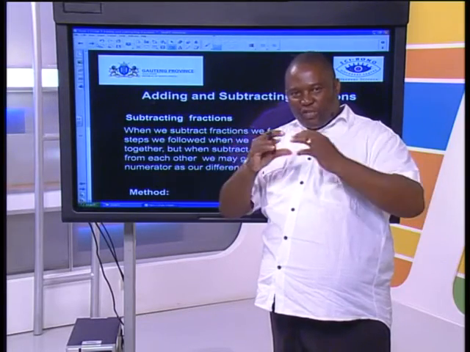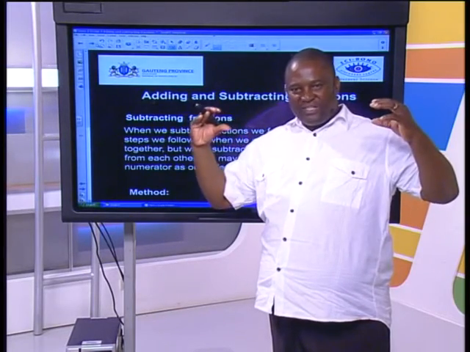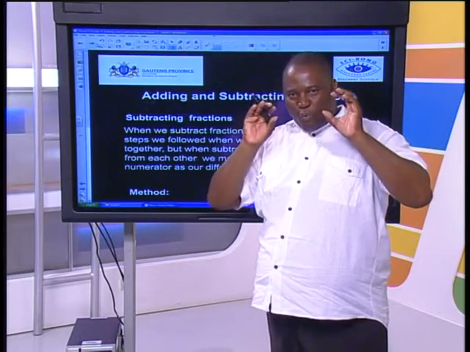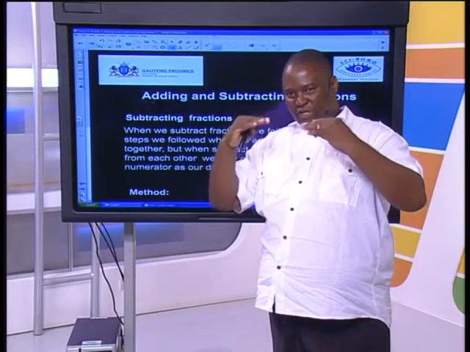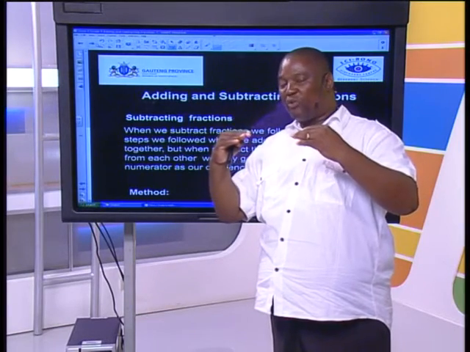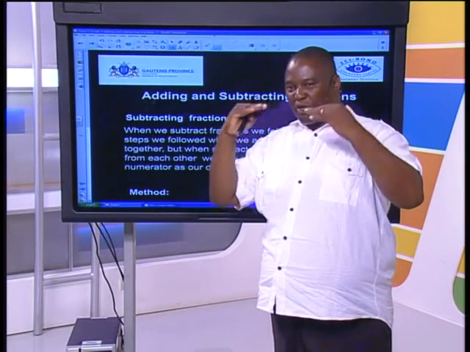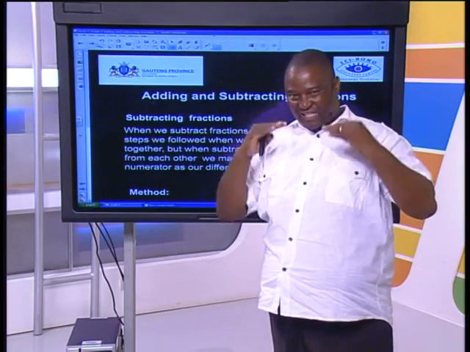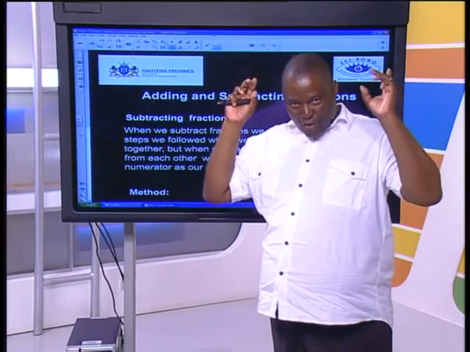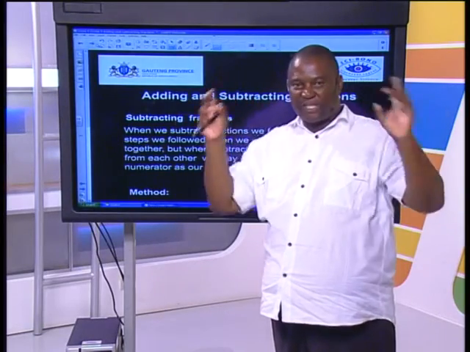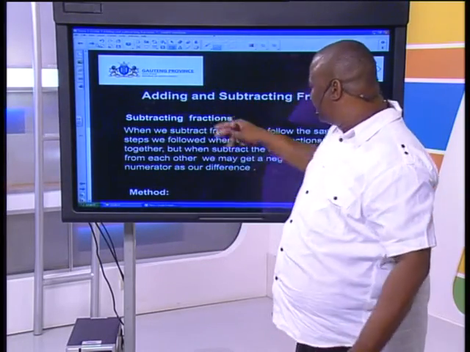So we don't add denominators, we don't subtract denominators. With denominators, we look at the common multiples, the lowest common multiple, and write it as a common denominator for the two fractions, and then you either add or subtract, depending on the instruction.